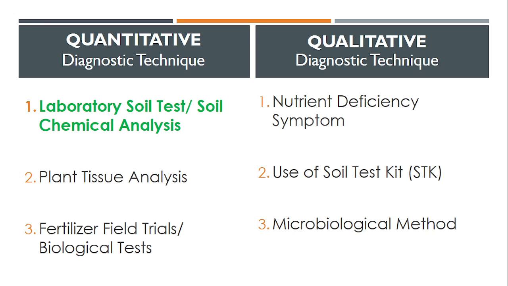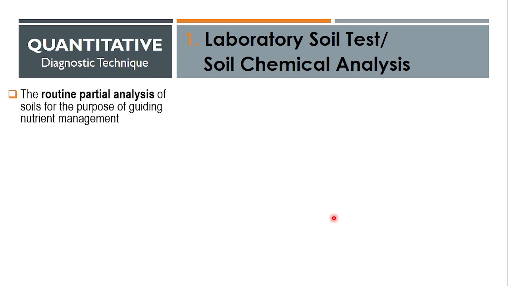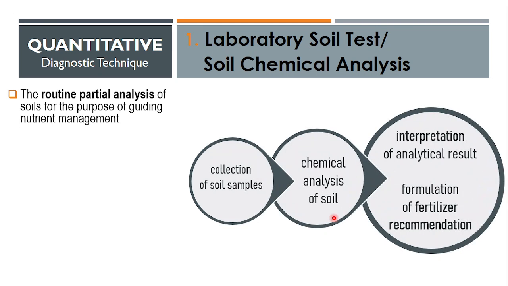Let's start with the laboratory soil test or soil chemical analysis. For soil chemical analysis, this is the routine partial analysis of soils for the purpose of guiding nutrient management. Ano nga ba yung process nito? First, we have the collection of soil samples from the field or the area kung saan gusto mong malaman yung nutrient content ng soil.